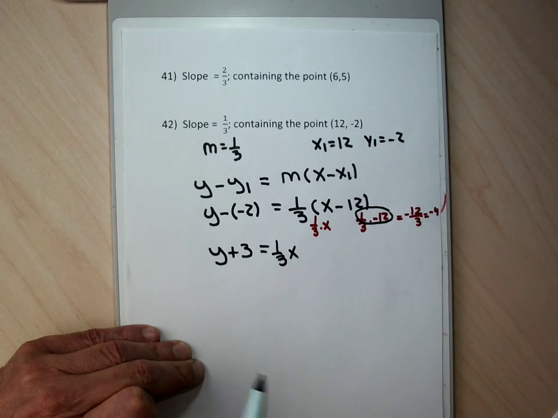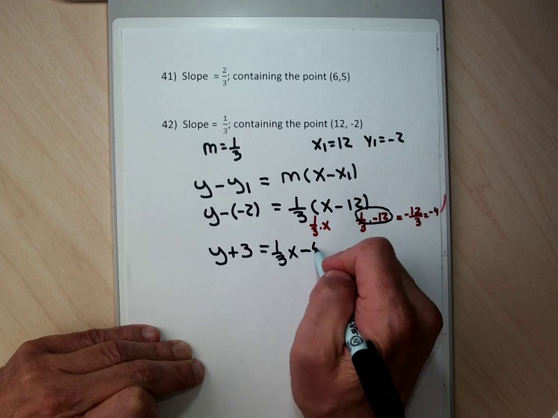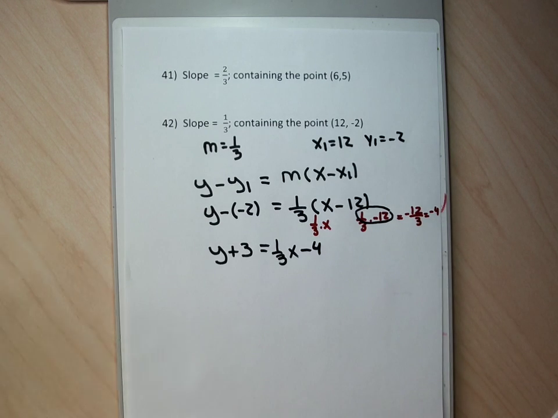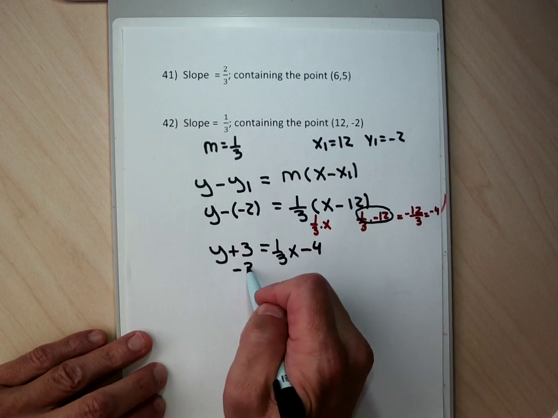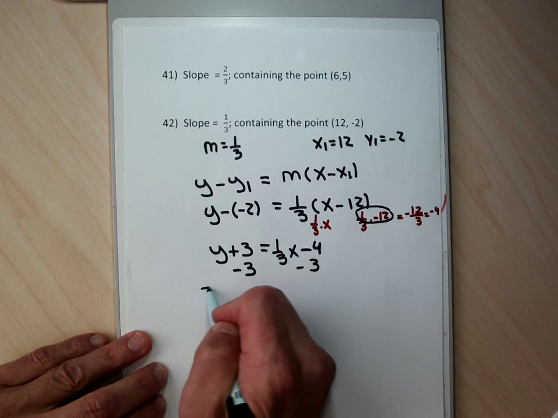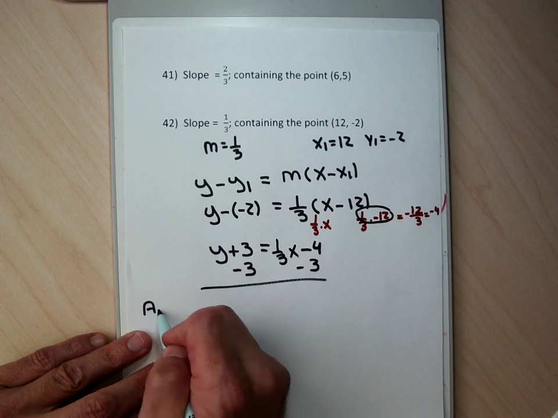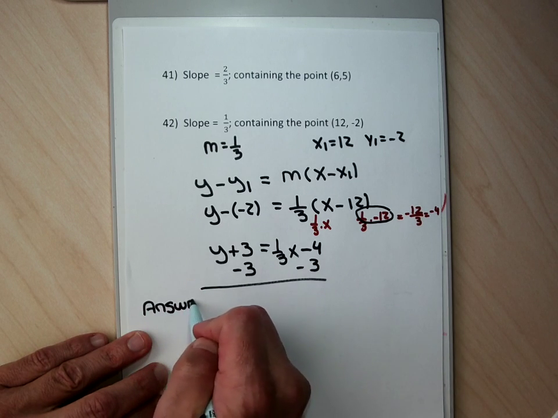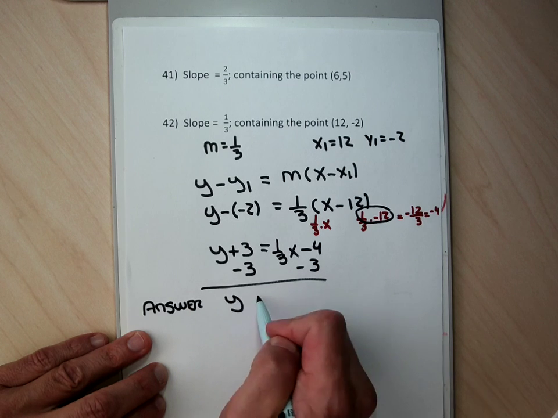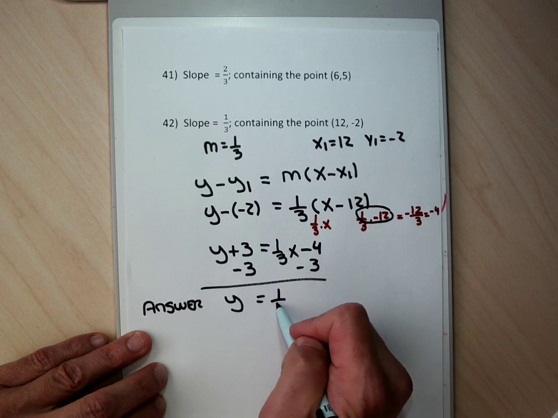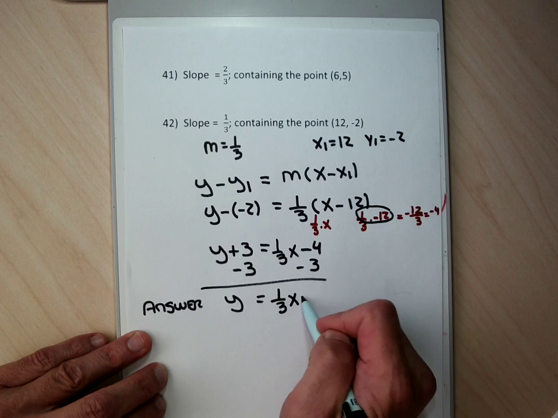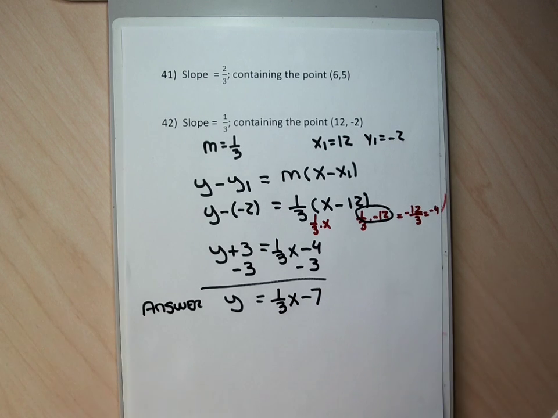So after my 1/3 x, I'm going to put a minus 4. I just need to solve for y. I'm going to subtract 3 from both sides. On the left side, the 3's are going to cancel. On the right side, the negative 3 and the negative 4 combined, they're both negative, so I add them and keep them negative, and I get y equals 1/3 x minus 7.